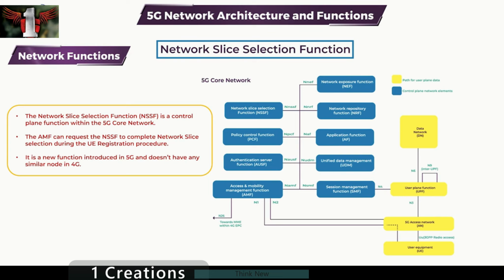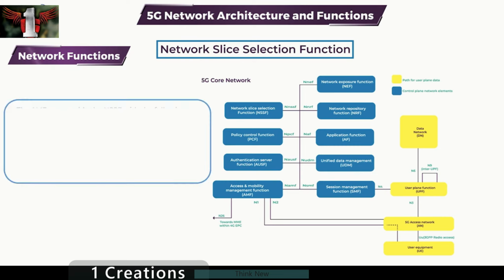A single network slice is identified by its single network slice selection assistance information. A set of one or more network slices is identified by its network slice selection assistance information. The AMF can provide the NSSF with the following information.